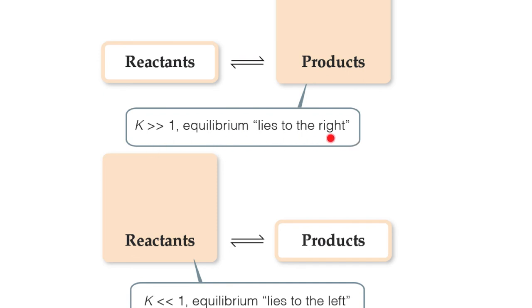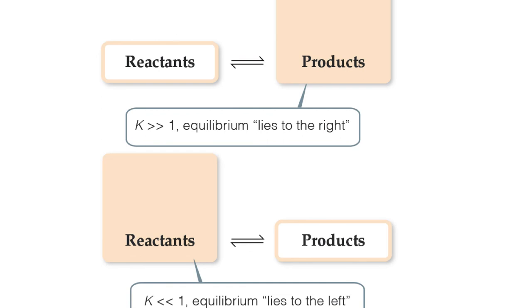Your book will often say that equilibrium lies to the right. I often get left and right confused, so I will say equilibrium is at the product side or reactant side. The chemical reaction is product favored, meaning there are more products at equilibrium than reactants. So I'll just avoid using left and right.